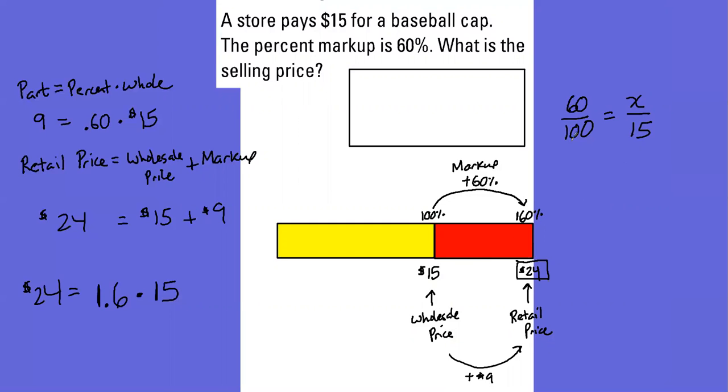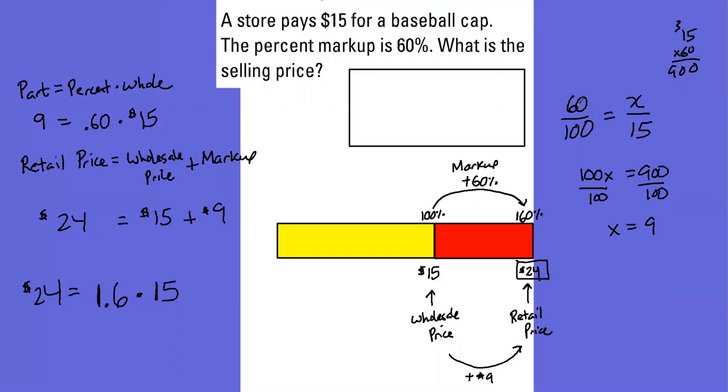Notice that the 100% goes directly across from the $15 because this is my starting point. And then if I solve this proportion, I would cross multiply. I get 100 times x, and then we have 60 times 15, and that would be 900. And then divide both sides by 100 to get the x by itself. The x would be $9.